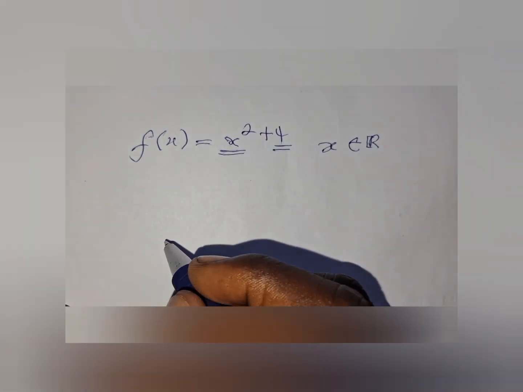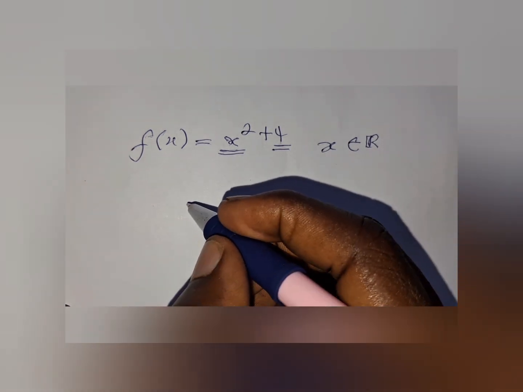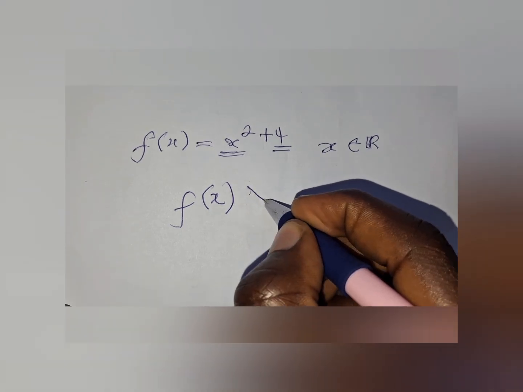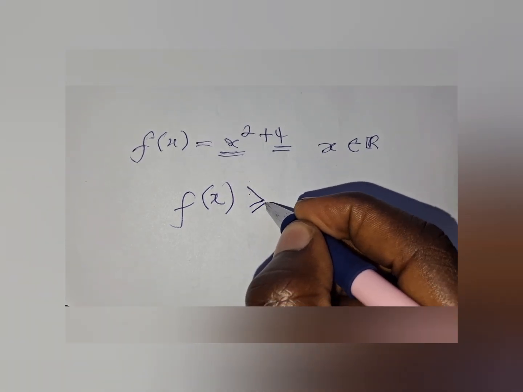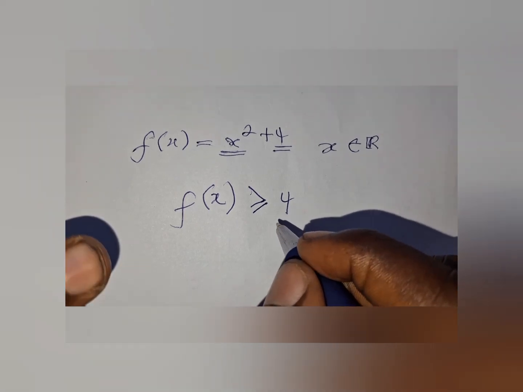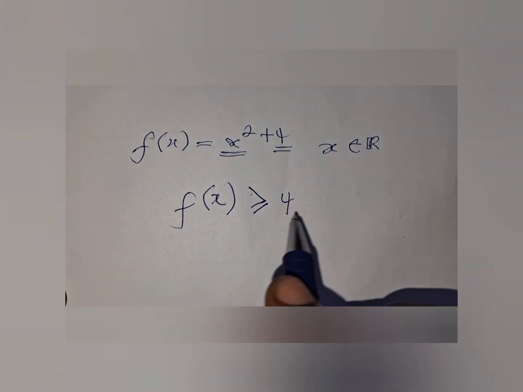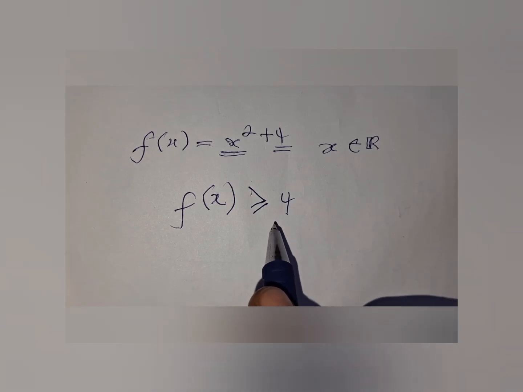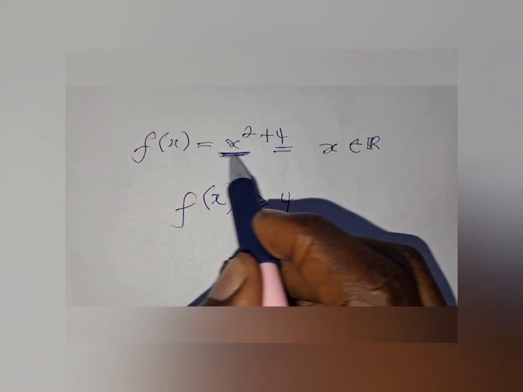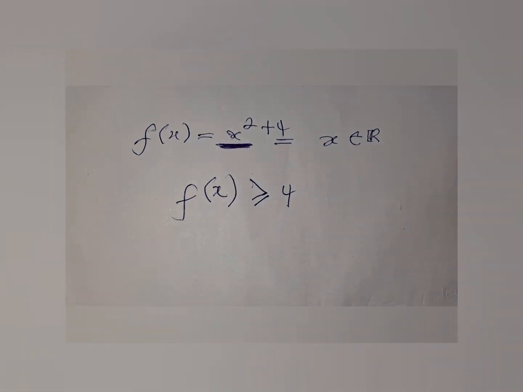So here, the range is going to be f of x is greater than or equal to 4, which means that whatever we are going to be getting out of this function is never going to be less than 4. Why? Because 4 is the minimum value, and we proved it when we saw the nature of the function itself.